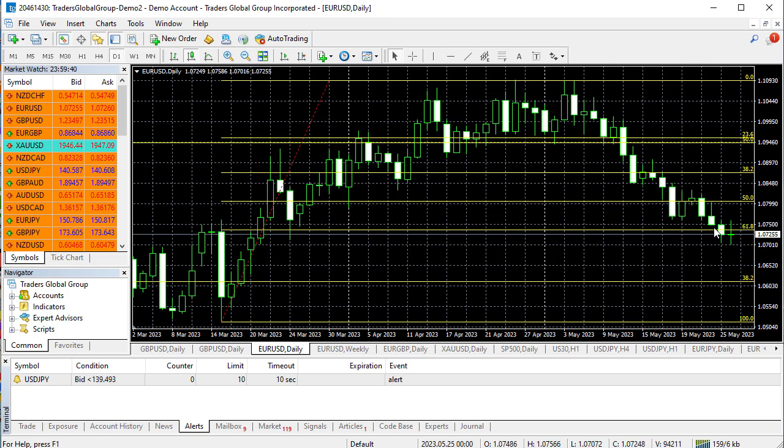So we may actually also see a buy, because this is a doji.